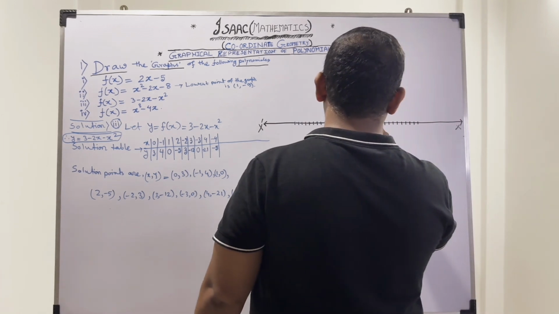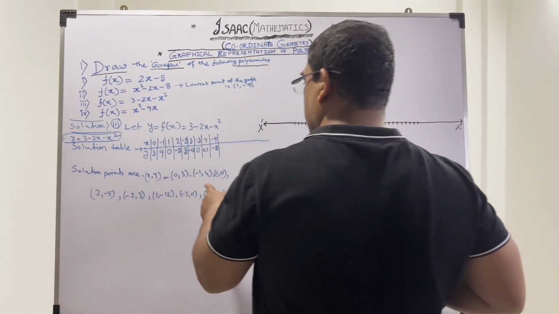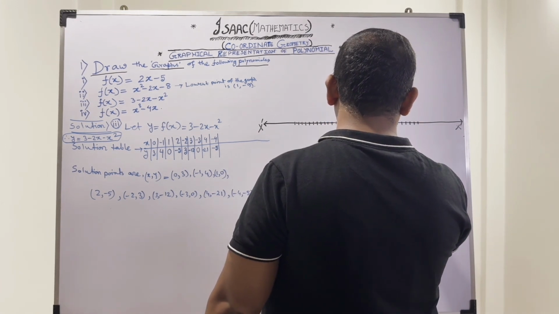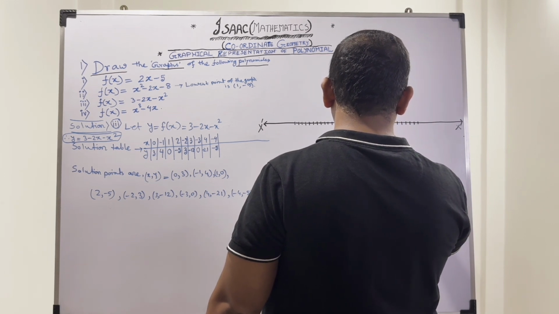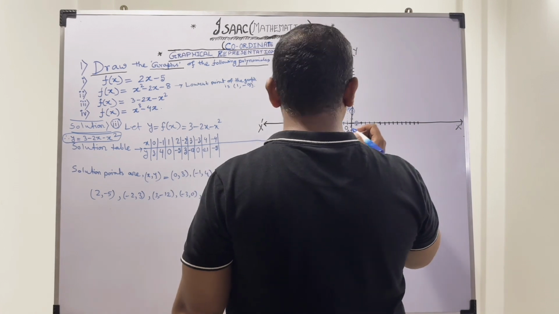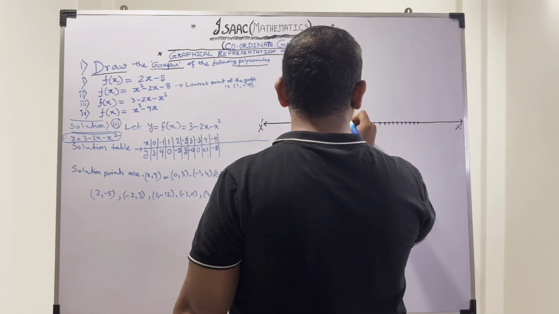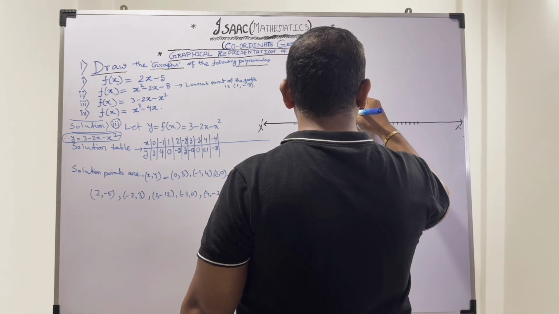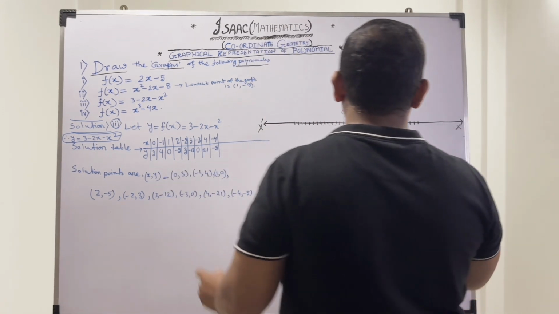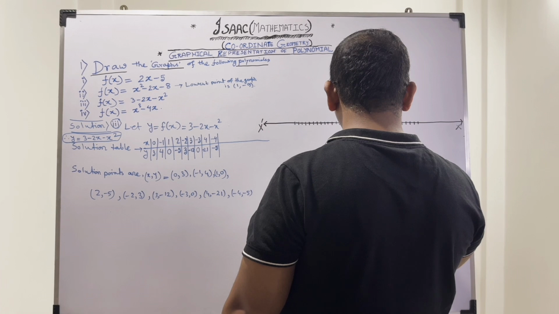1, 0. 2, minus 5. Minus 2, 3. 3, minus 12.